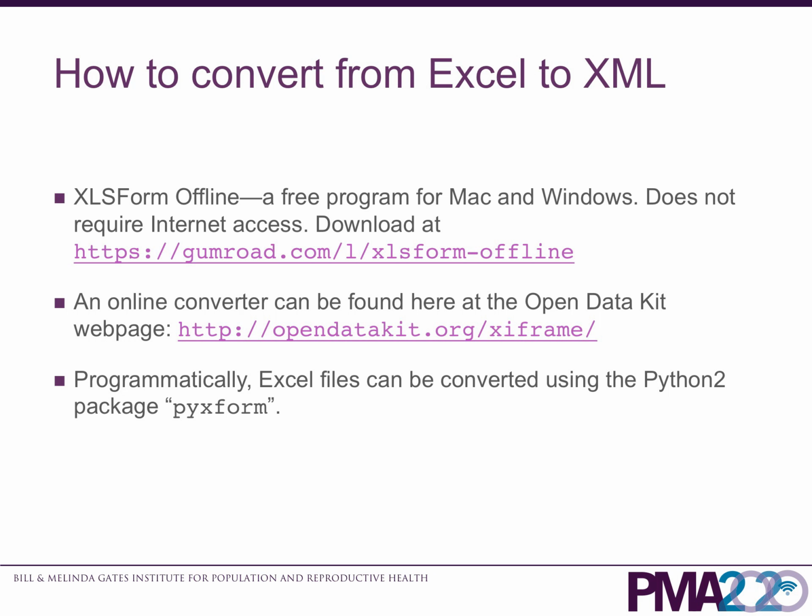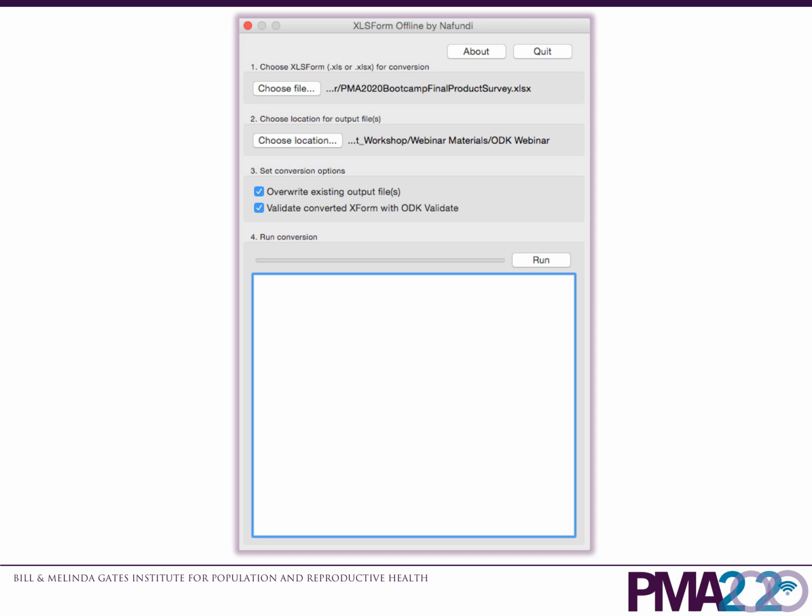A second way that we can convert our Excel form into XML is through the Open Data Kit homepage. They have a little web program that will convert the XLS form into XML. A third way is to use the Python package pyxform. This is a screenshot of what xlsform offline looks like.